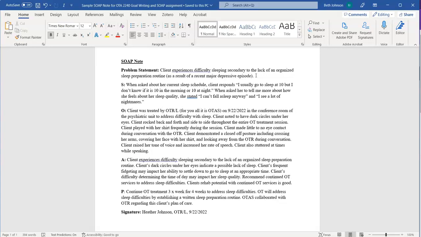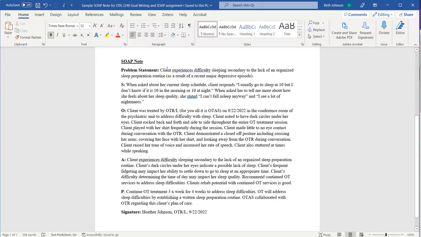The problem statement that I chose was: client experiences difficulty sleeping secondary to the lack of an organized sleep preparation routine. Now, as you can see here, I have, in parentheses, as a result of a recent major depressive episode. I did that because you can include a statement like that about the diagnosis, but you certainly don't have to. That is definitely optional.